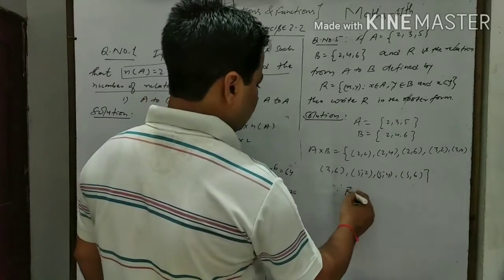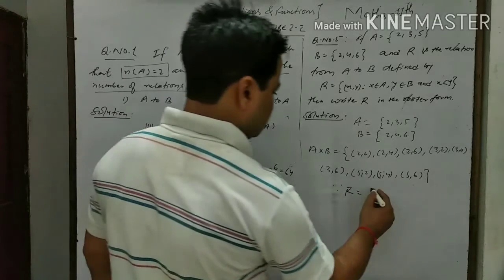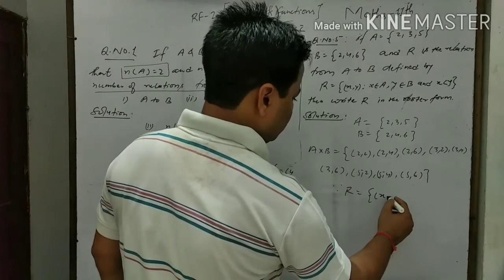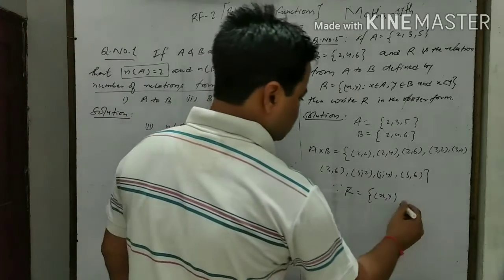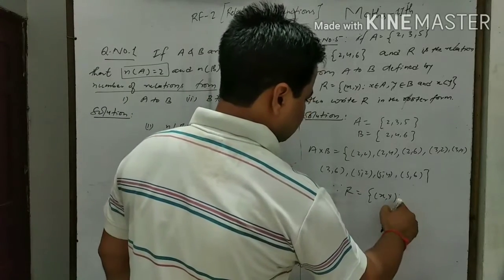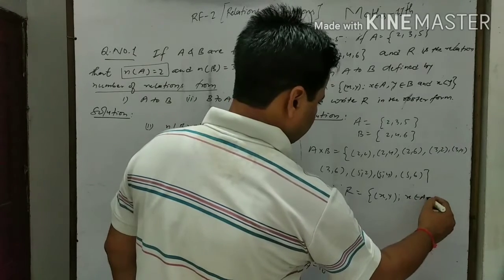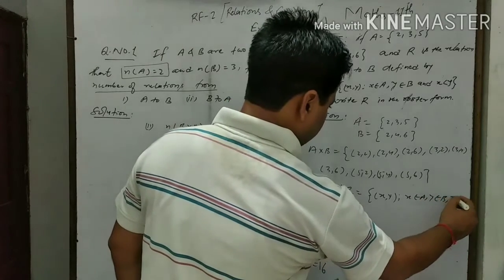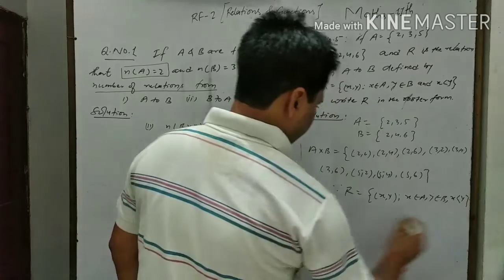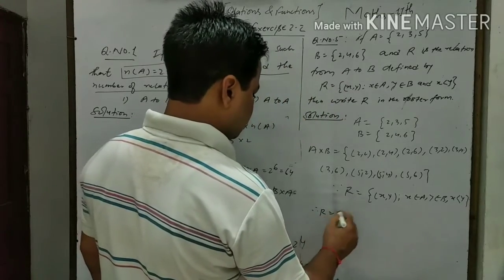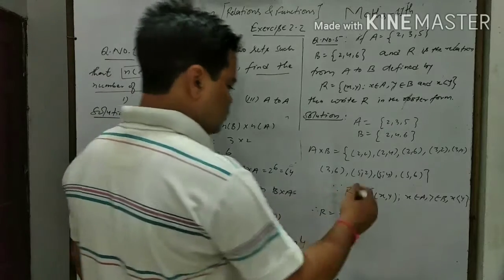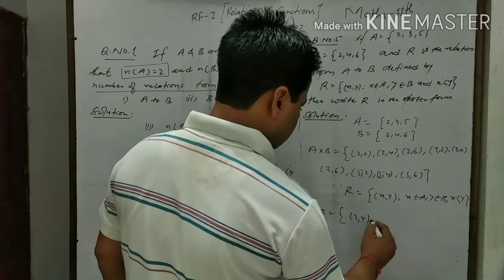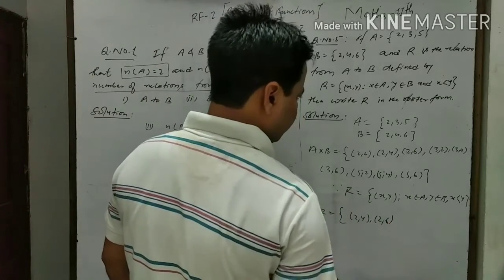What is the definition of the relation? We have to take those elements from A cross B for which x belongs to A, y belongs to B, but the value of x should be less than y. According to this, it will be (2, 4) and (2, 6).